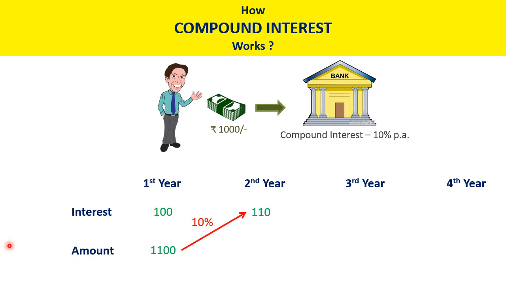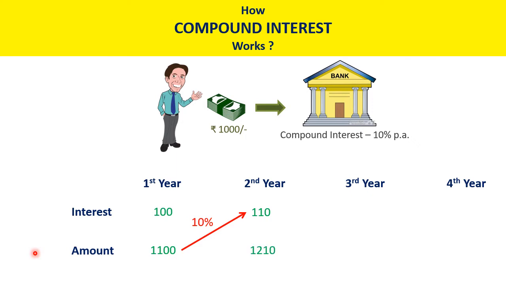So this is the basic difference between simple and compound interest. In simple interest, the interest is calculated only on the original principal. But in compound interest, the interest is calculated on the previous accumulated amount. So the amount at the end of the second year becomes 1100 plus 110, which is equal to 1210.